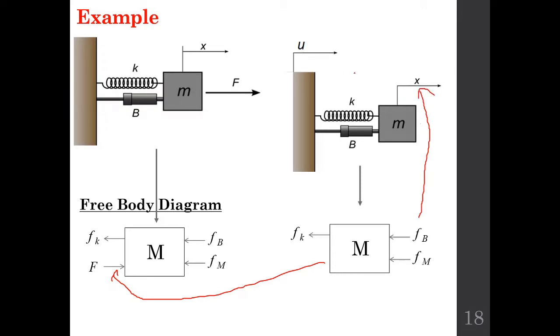So if the displacement is towards the right hand side, then it means that all the opposing forces will be acting towards the left hand side, as you can see from the direction of the arrows. So these are the opposing forces, that is the force of the spring, the dashpot force, and the inertial force of the body.